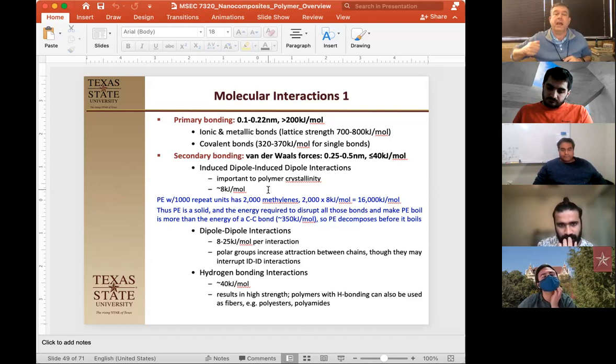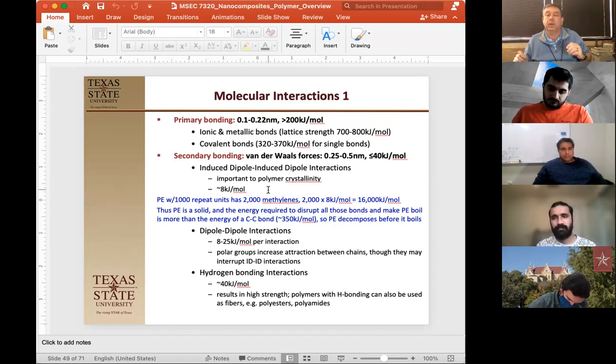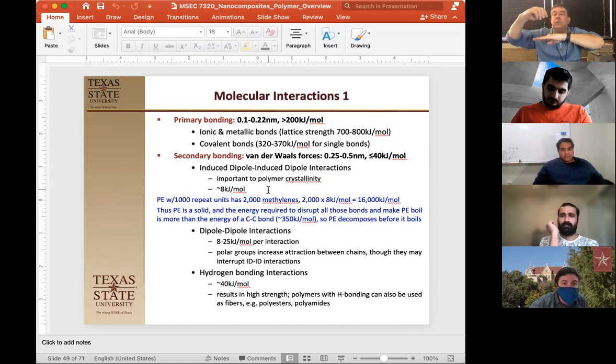The first one we have is what we call van der Waals forces, which are very, very weak. Okay, it's an induced dipole. So imagine it's something like a waxy polyethylene coming up to a waxy polyethylene. There's no polar groups, there's no functionality, there's no strong interaction between the two chains. They are just, well, okay, we're very similar.